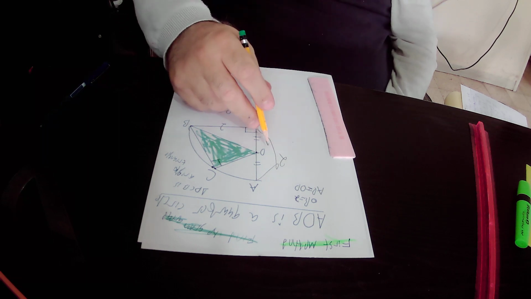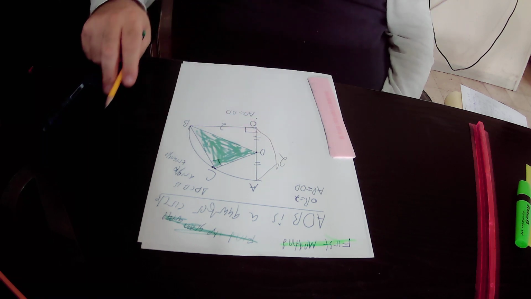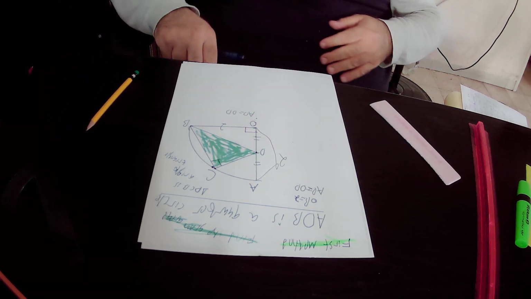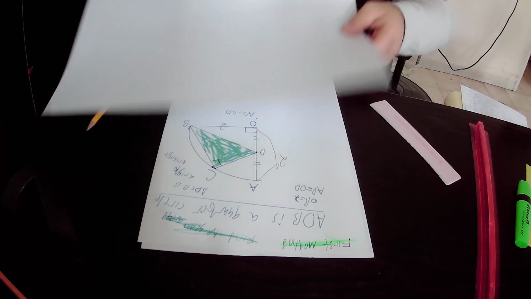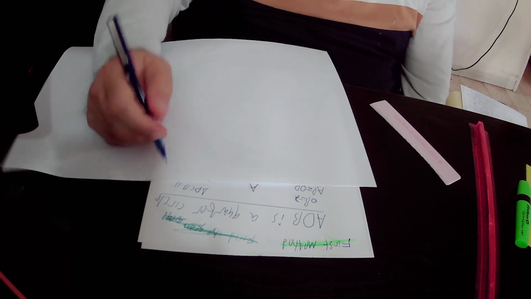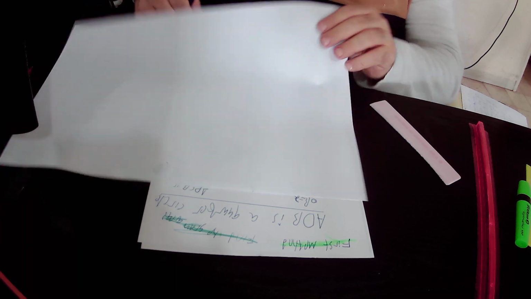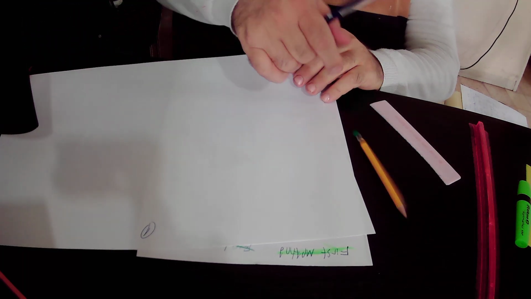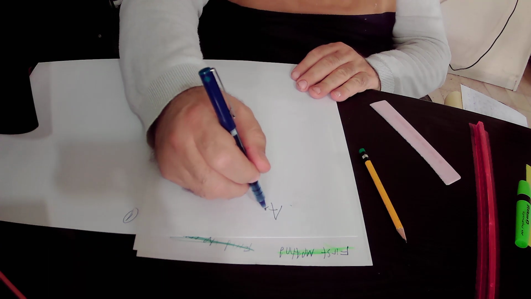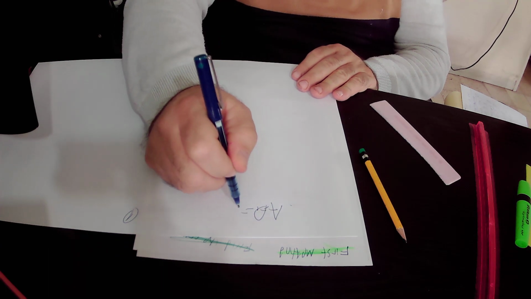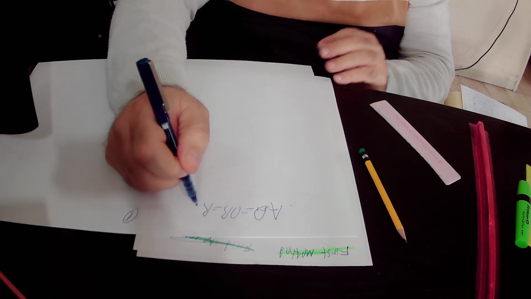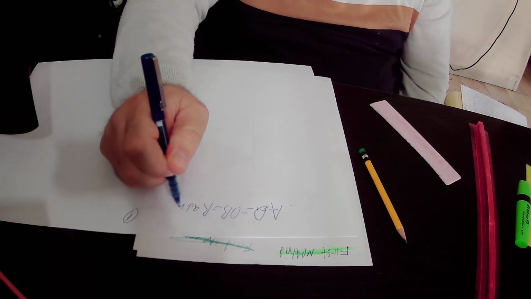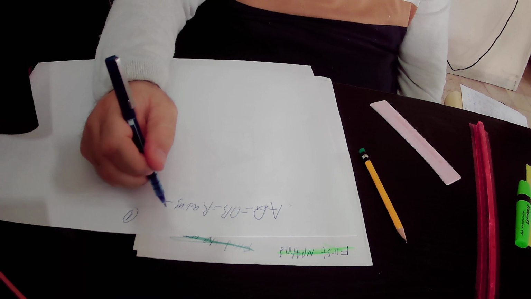And we know that AD equals DO. So we can write down that AO equals OB, which equals the radius of the quarter circle, that is equal to 2 units.